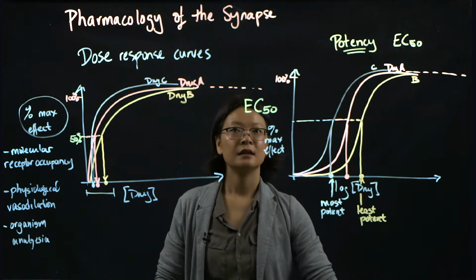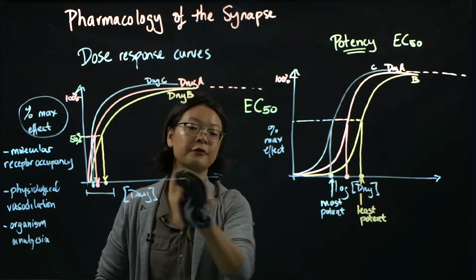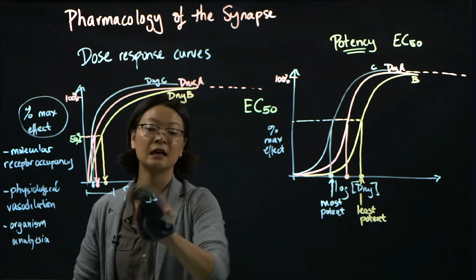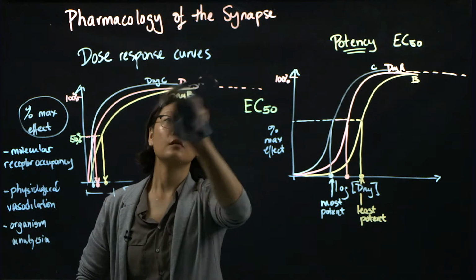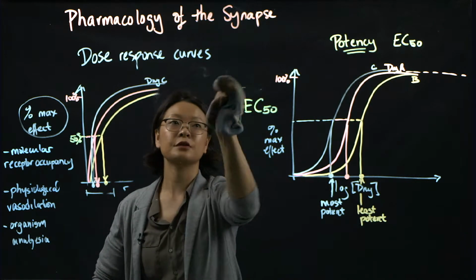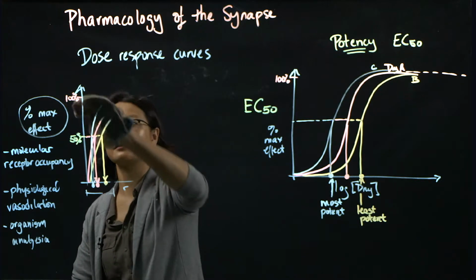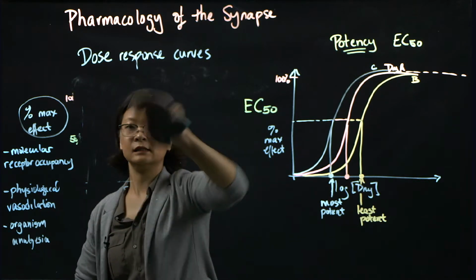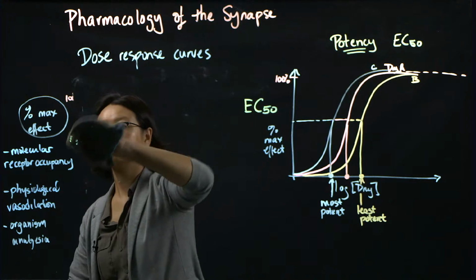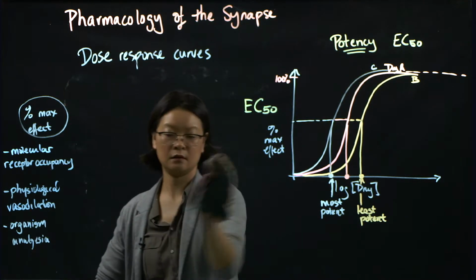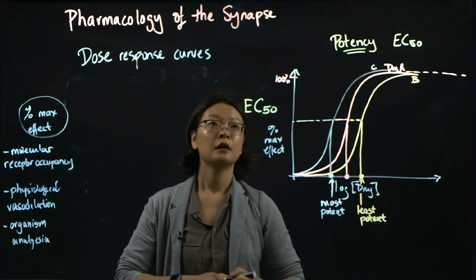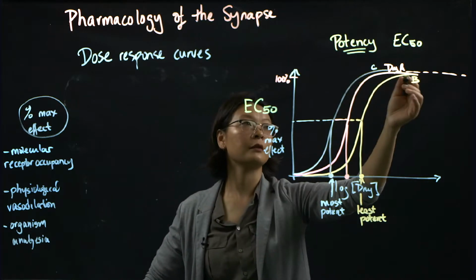So why is potency measured from EC50 and not EC100? Let me just erase this to get more room. Why is potency not taken from an EC100?